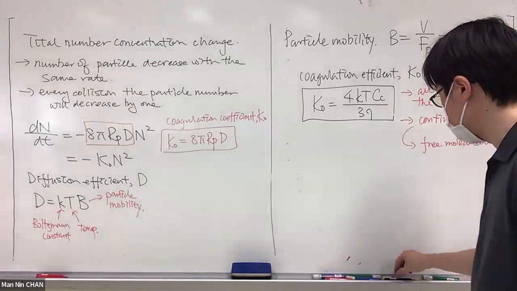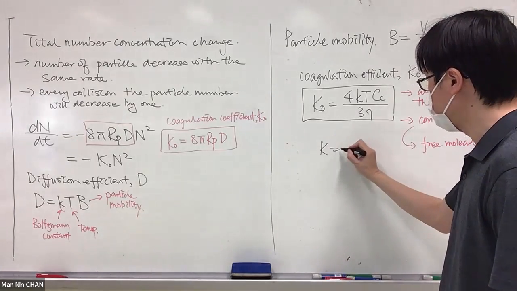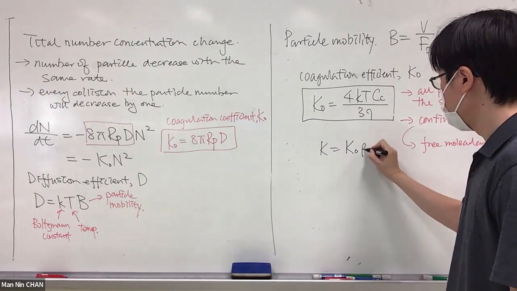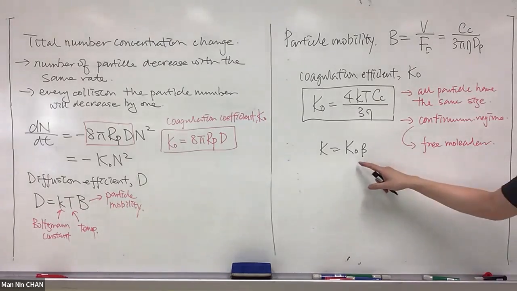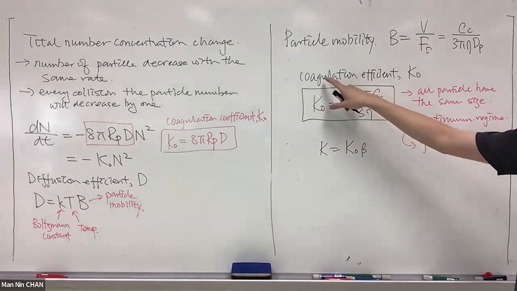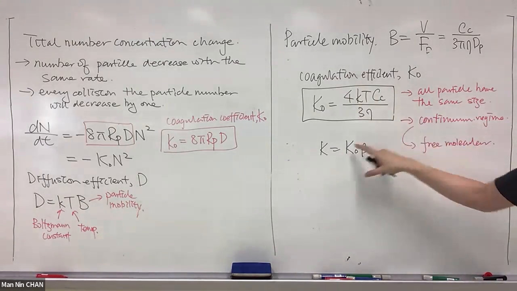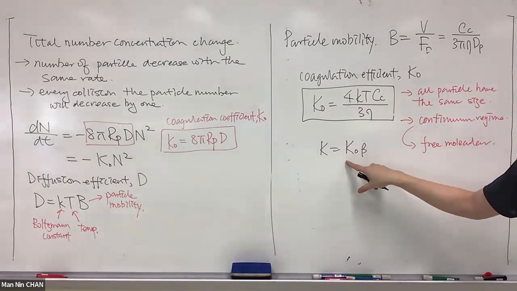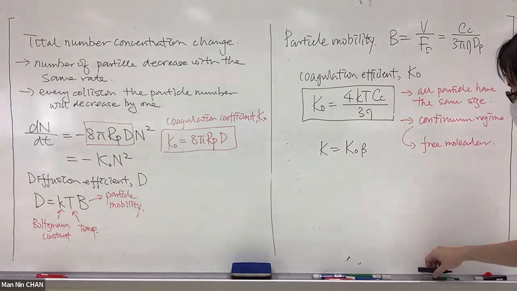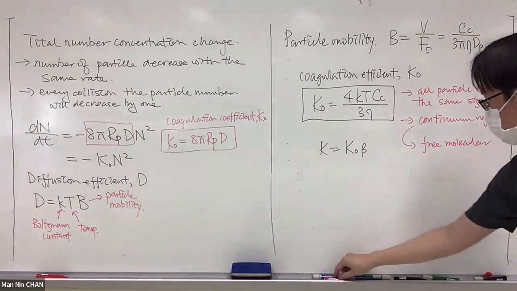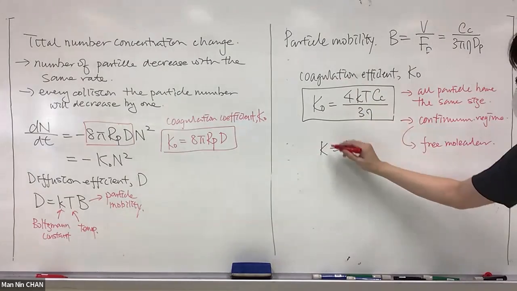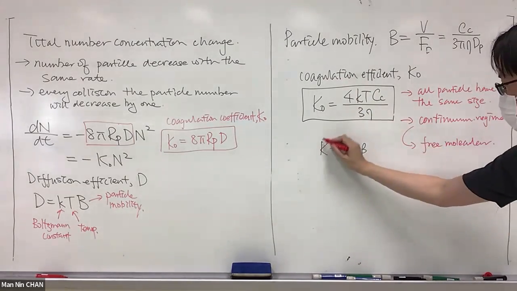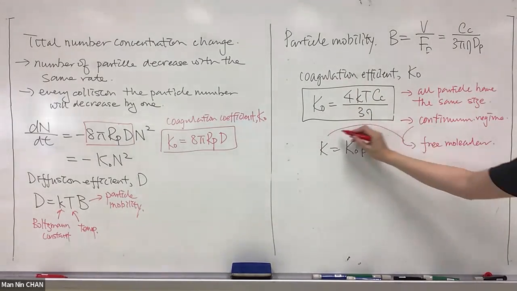One way to do this is you have this K, and then times a beta, okay? So beta is just some correction. So you derive this coagulation coefficient in the continuum regime, K naught, and then you times the beta to look at this coagulation coefficient in the free molecular regime.